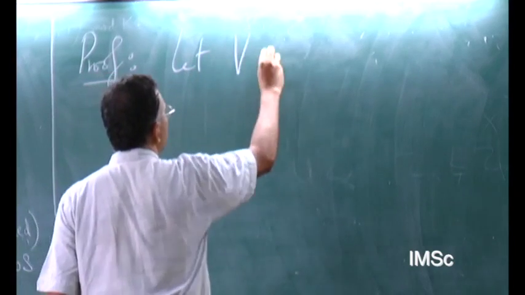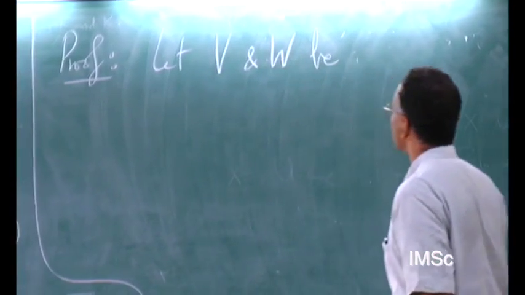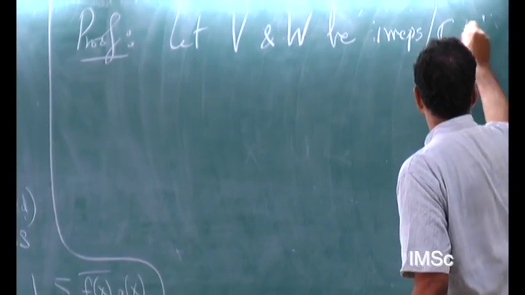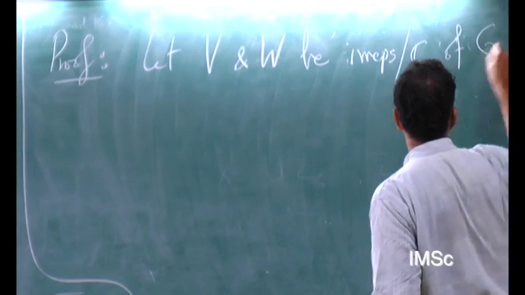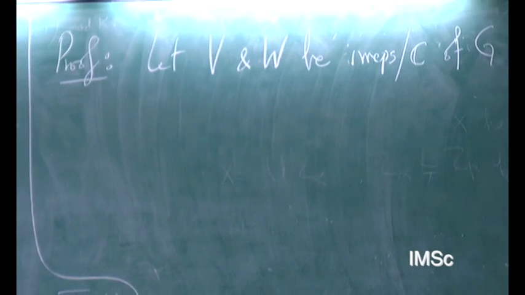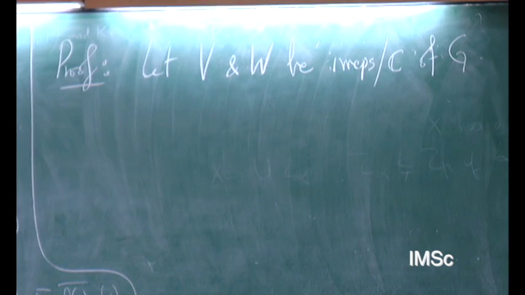Okay, let V and W be irreducible representations. These should be finite dimensional, right?